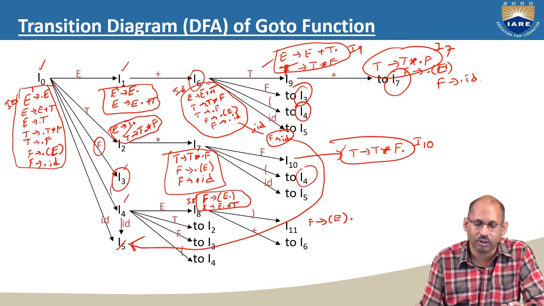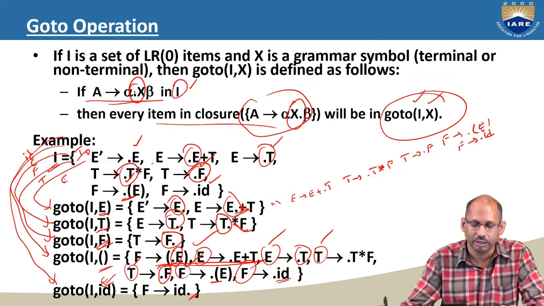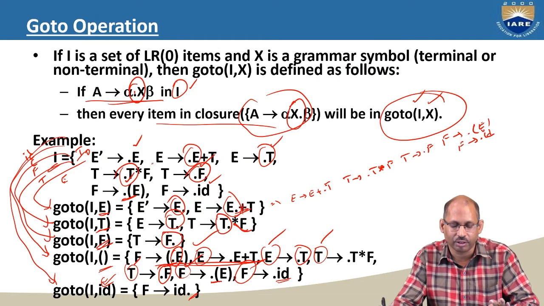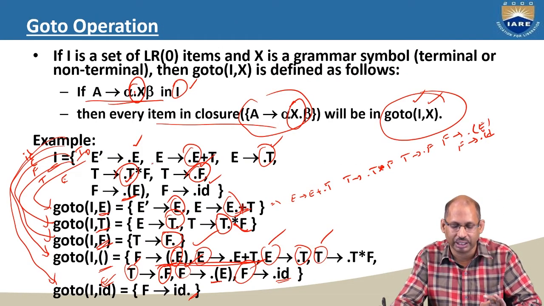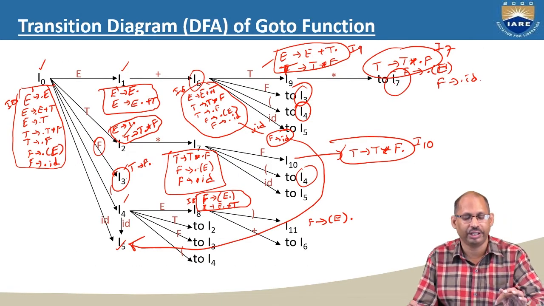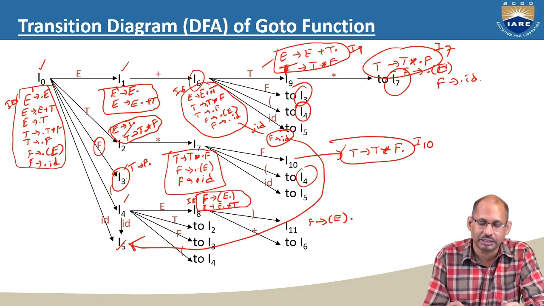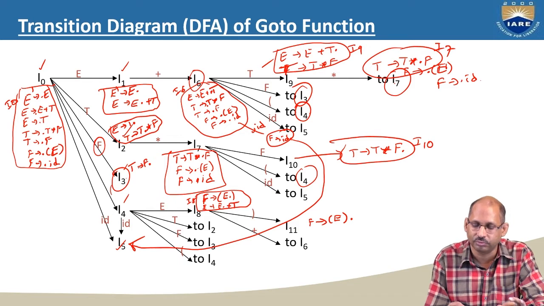Then I3 on F: T → F. Same productions we are writing here. This is I1, I2, I3 that were previously considered, and now we are writing T → F. Is it clear? This is I3.